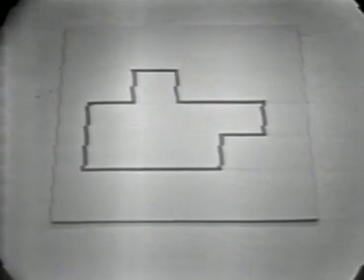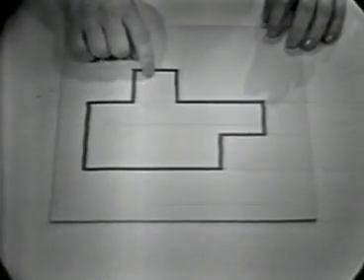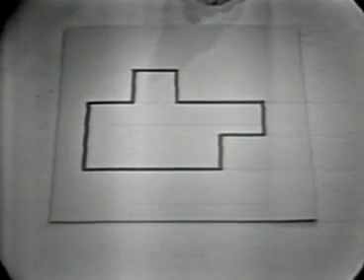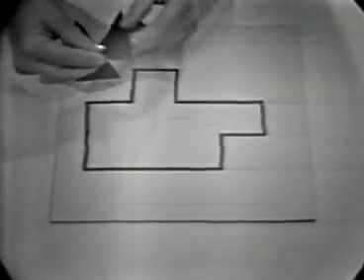We have seen how we can assign measures to line segments using unit segments, and measures to angles using unit angles. Let's see how we can assign measures to regions using unit regions. Consider this plane region. We select a unit of area. Suppose we select one like this.